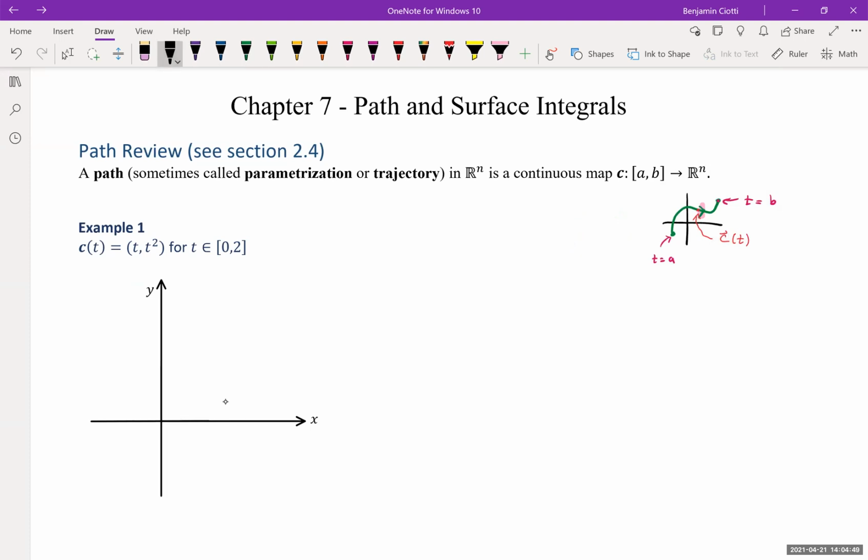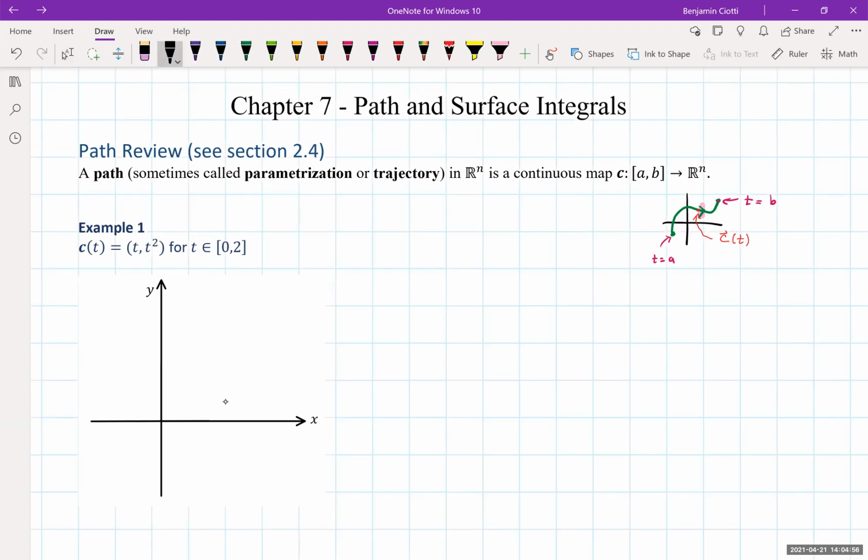If you're not sure what something looks like, just try plotting some values of t. So I'll figure out what c of t is for a few easy values of t, such as 0, 1, and 2.